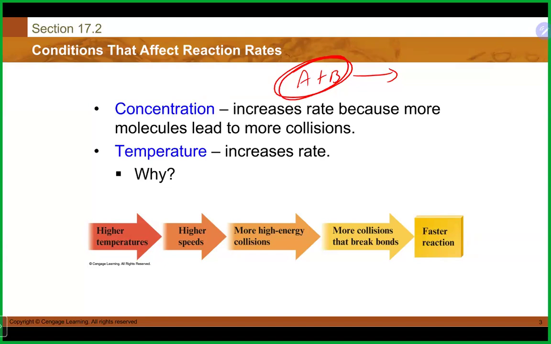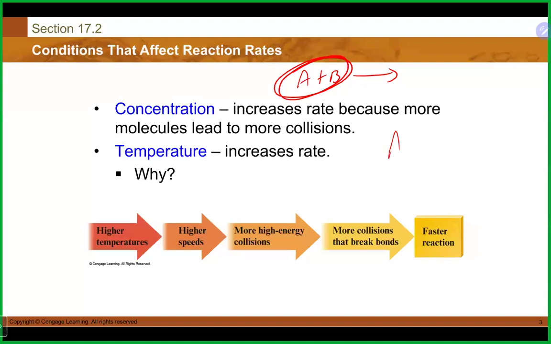Temperature also increases the rate of the reaction. If you increase the temperature, you typically will increase the rate of the reaction for kind of the same reasons. When you increase the temperature, you have a lot more energy involved and particles are moving around a lot faster.